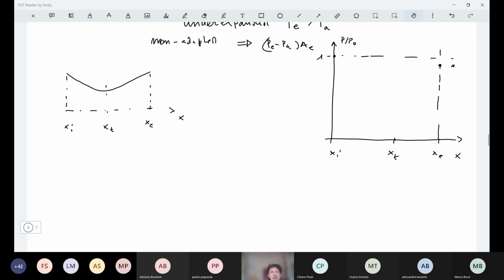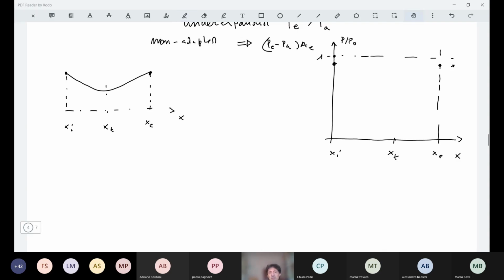If this area here, for instance, is the same, I will have slow flow, subsonic flow, that for the same area will be at the same value of P over P0.